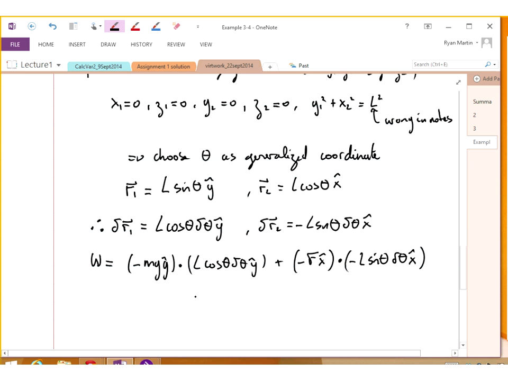And if we do the dot products, we find that the total work is minus mgL cos theta plus FL sine theta.